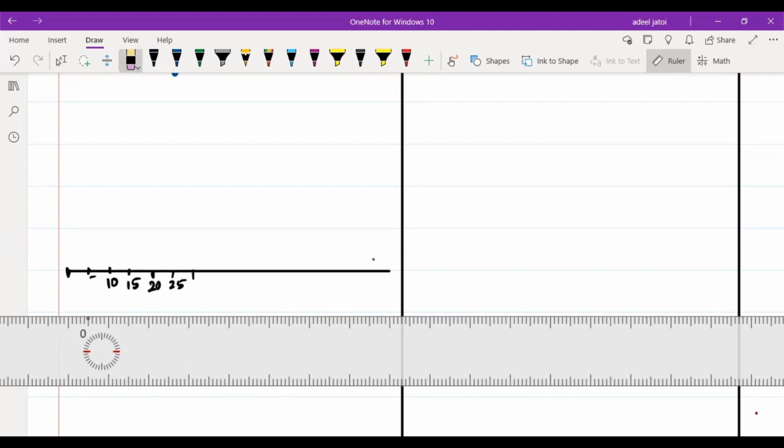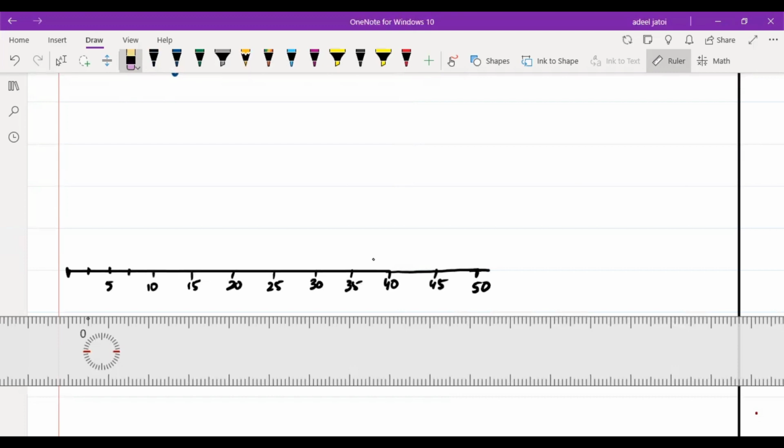Let's mark it a little further so that the line graph is made properly: 35, 40, 45, and let's say this becomes 50. So this is your line graph, right?